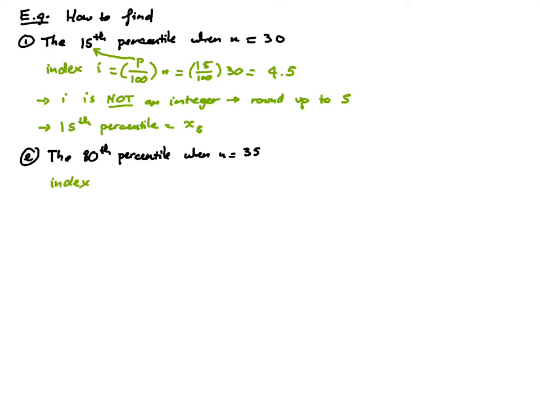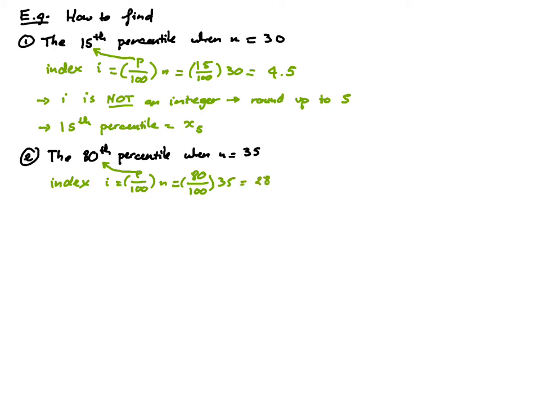The index I in this case is going to be equal to p divided by 100 times the number of observations, which is 80 divided by 100 times 35, and 80 comes from here. If you do the math, you're gonna get 28.